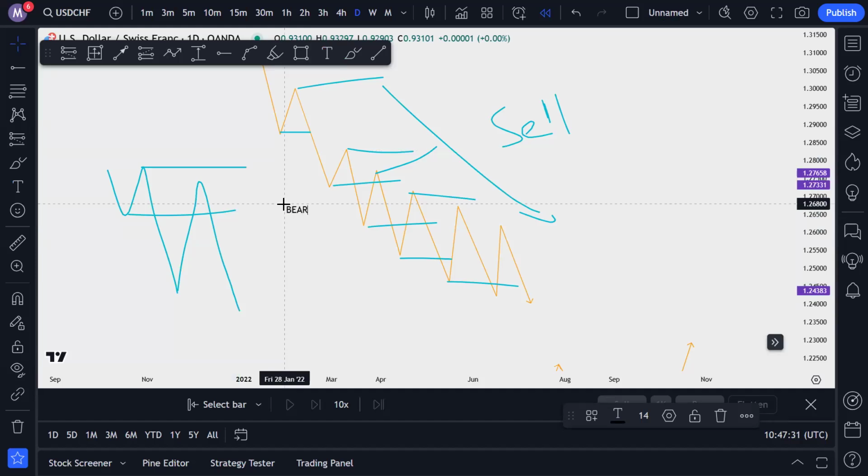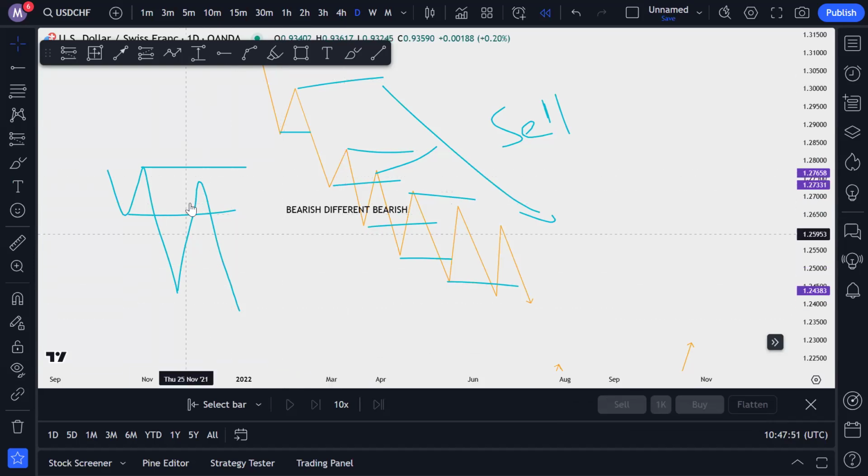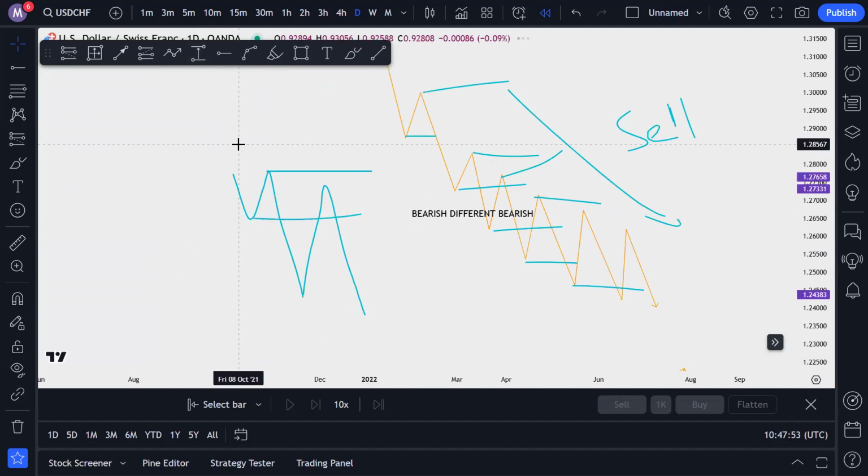The reason price needs to come and consume the liquidities that are left inside this area.